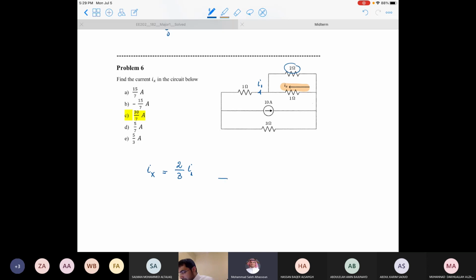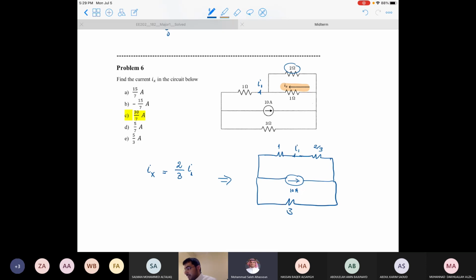So if I need I1, I need to simplify the circuit. I have 10 amperes here. The parallel combination of 1 and 2 is 2/3. I have 1. I have 3. So now this is I1.